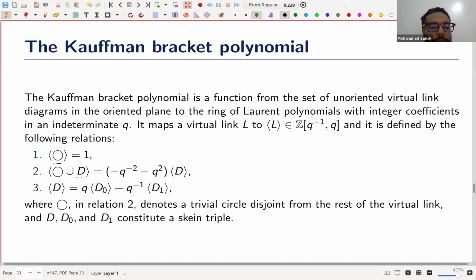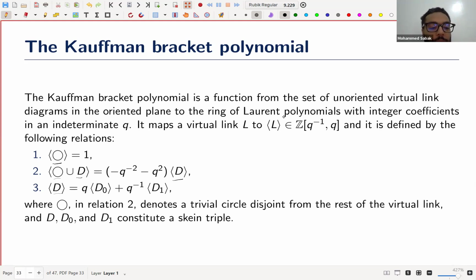If we have a diagram D and a trivial circle disjoint from D, then the bracket is equal to minus q to the power of minus 2 minus q to the power of 2, times the bracket of D. And if we have a skein triple D, D0, D1, then their brackets are related in this manner: the bracket of D is equal to q times the bracket of D0 plus q minus 1 multiplied by the bracket of D1.